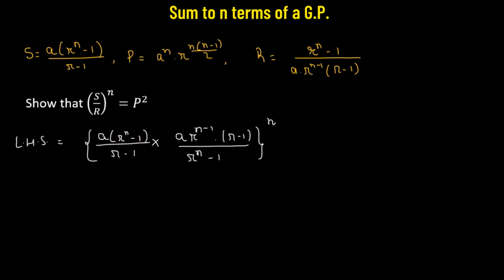So here r raised to the power of n minus 1 from the numerator and the denominator cancels out. We have r minus 1 also cancelling out, and this is leaving us with a squared. So we have a times a, that's a squared, multiplied by (r raised to the power of n minus 1) whole raised to the power of n. Or simply a raised to the power of 2n times r raised to the power of (n minus 1) multiplied by n.